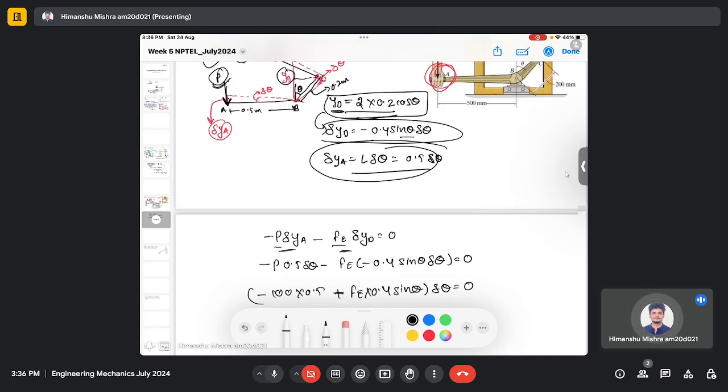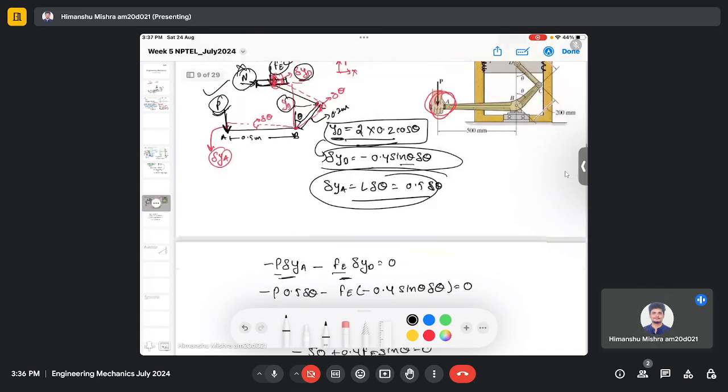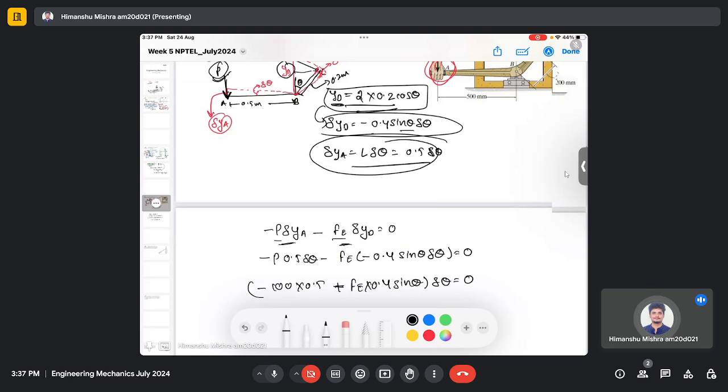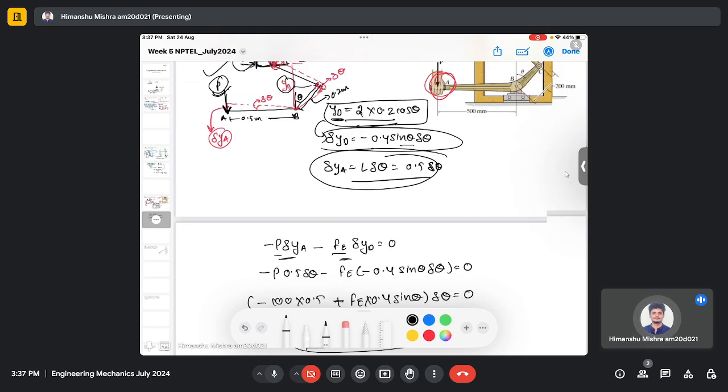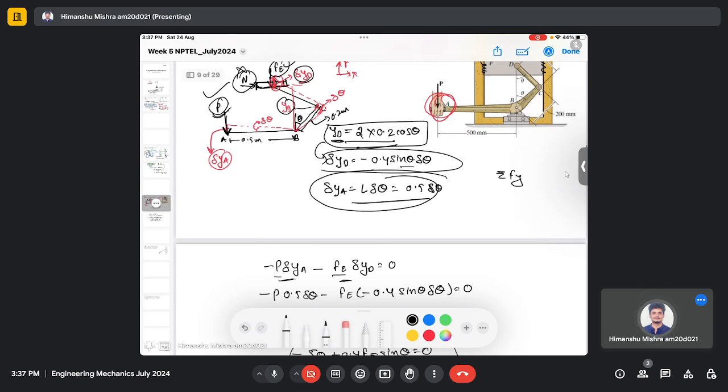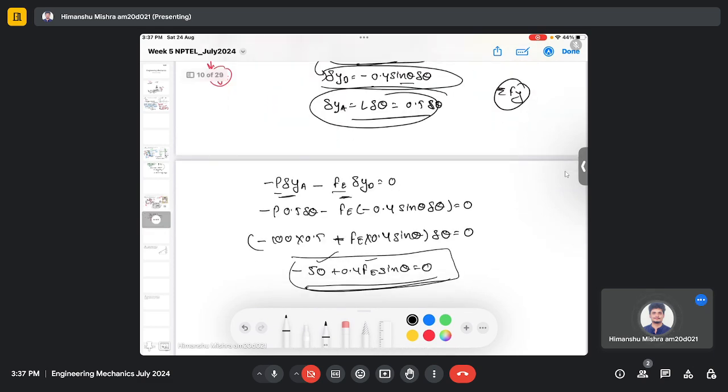And again you can observe that if you use the equilibrium equation, you would get the same equation, because this is force and this is force. So you would have got the same equation if you solved this problem using force equilibrium. When you do the force balancing in the y direction, you will get this equation.